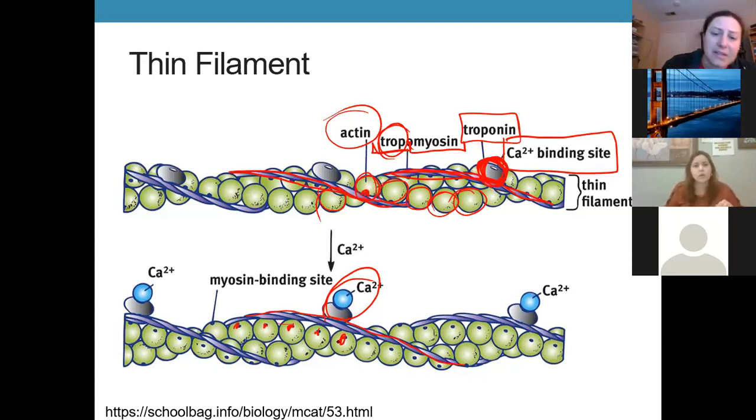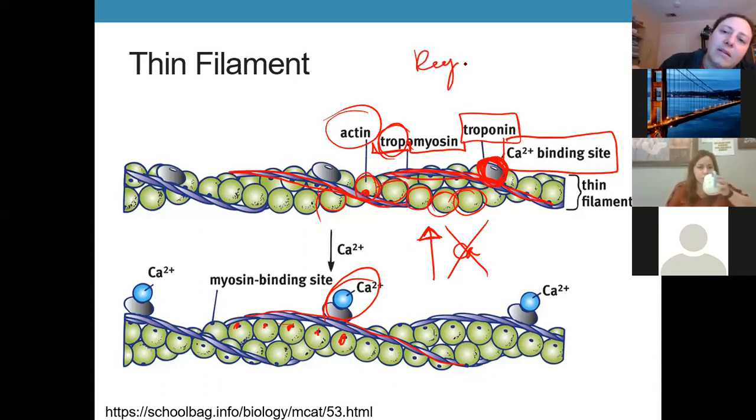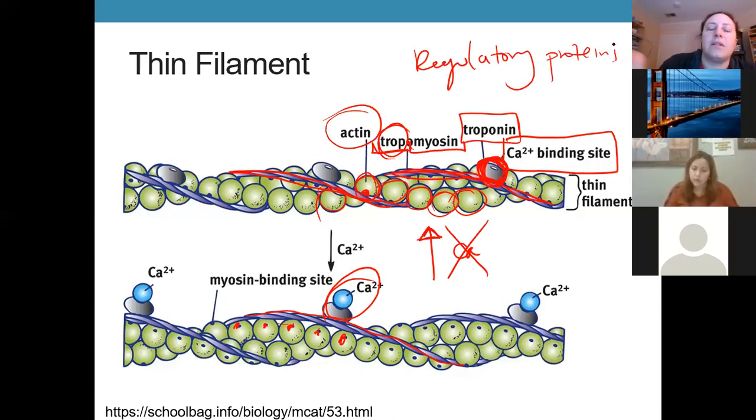If we take the calcium away, we go back to the resting state. This is a cyclic change, entirely dependent on the presence of calcium. They work together, and that's why you'll see them called regulatory proteins, because they are in charge of controlling the actin.